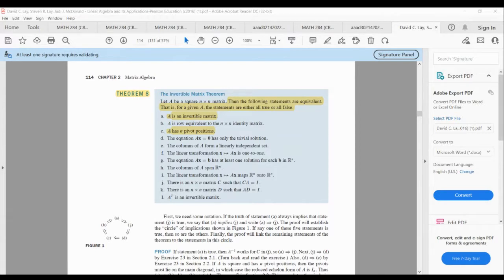You see, the statements are either all true or all false. Okay, so that's an example of how you can apply this theorem.